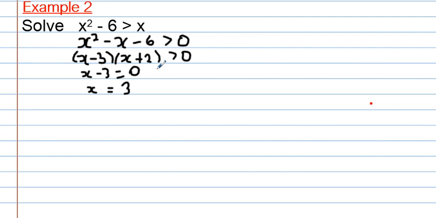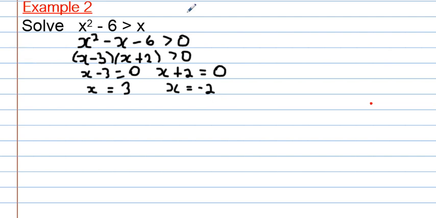Equate the second bracket, so x plus 2 equals 0. So x will be minus 2. And those are critical values for this inequality.